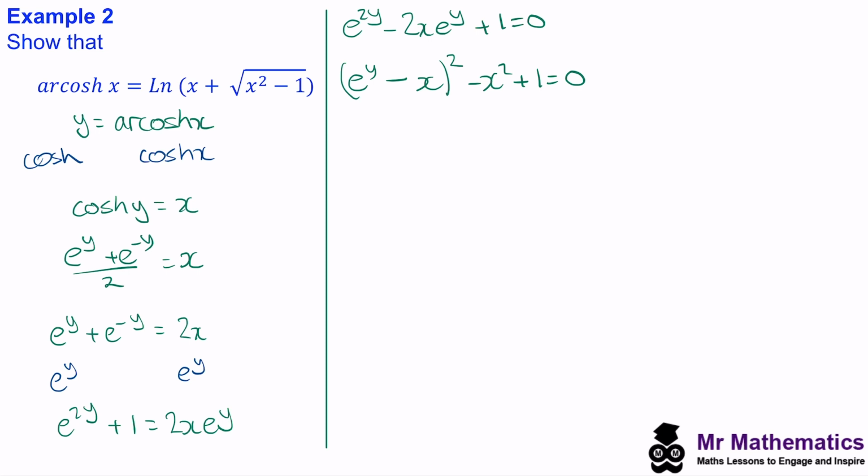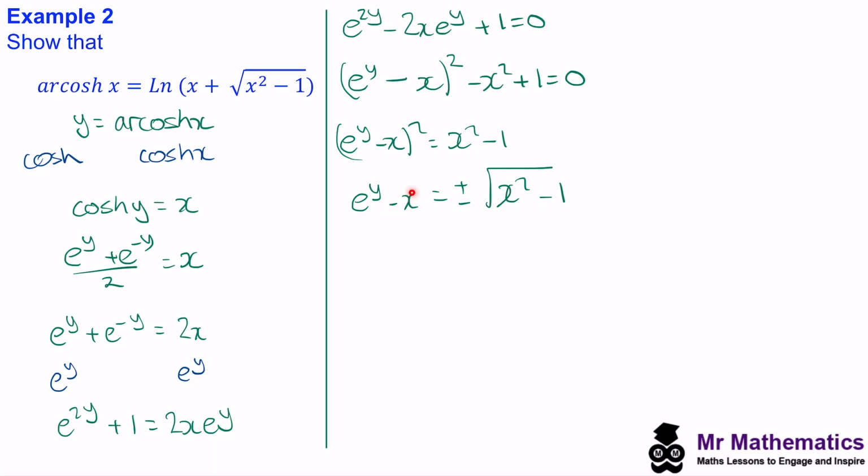Then we'll move these terms over to the right hand side, so we get e to the y minus x squared is equal to x squared minus 1. We'll cancel out this square by taking the square root of both sides, so e to the y minus x will equal plus or minus the square root of x squared minus 1.